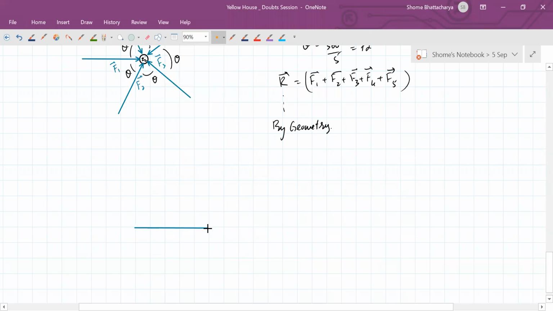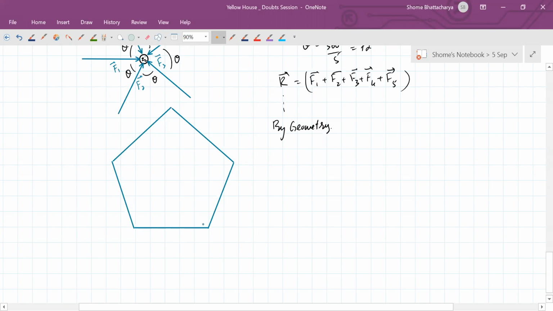So if you draw your first F1 vector, then on top of that you draw the second vector at 72 degrees to it, of the same magnitude. Then on top of that you draw the third one, at 72 degrees to this. On top of that, you draw the fourth one at 72 to this. And finally, the fifth one. You'll be forced to come to the conclusion that they form a regular polygon, in this case a regular pentagon.